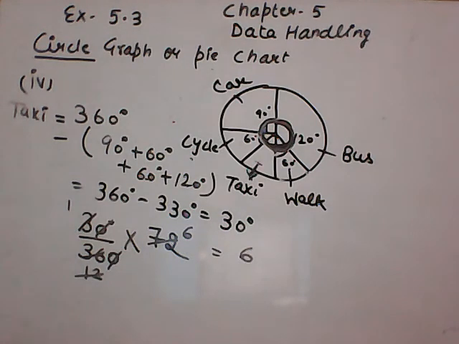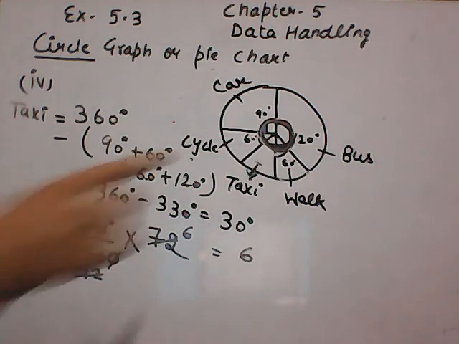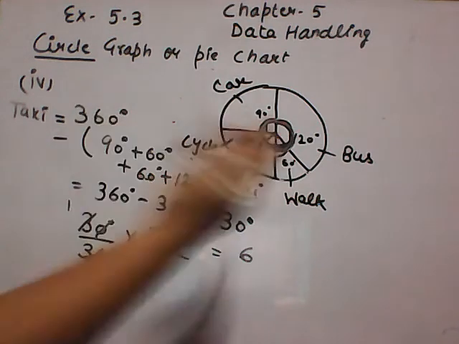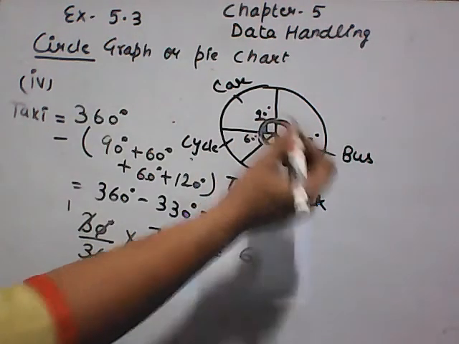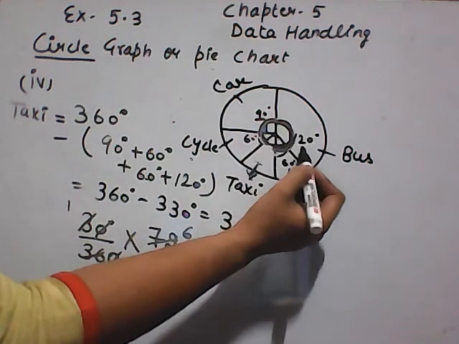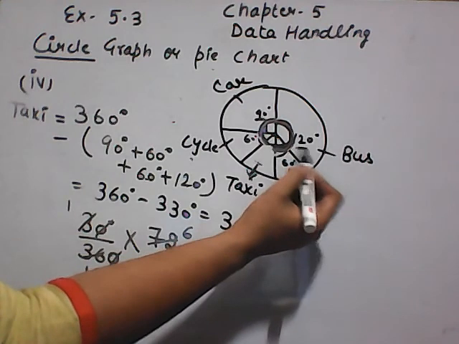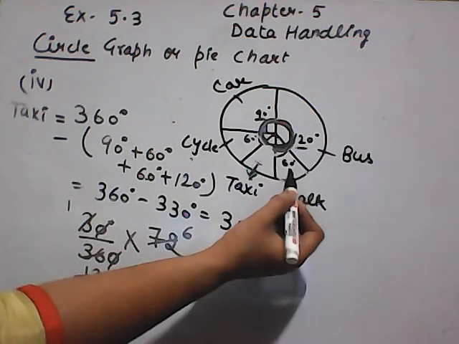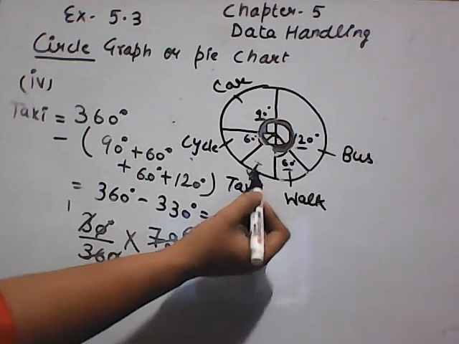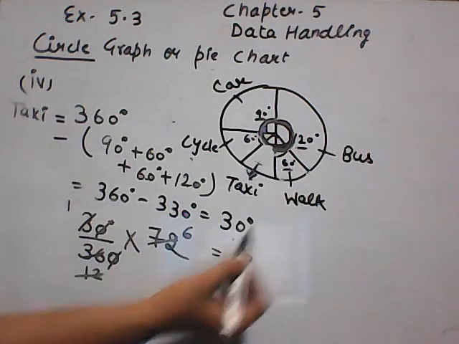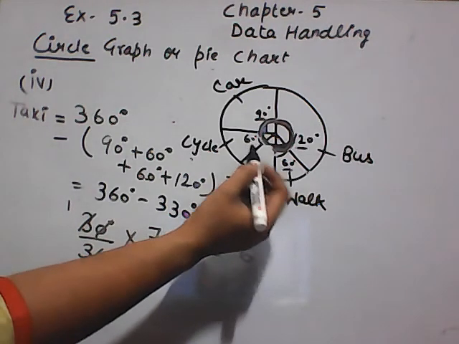In this way, you can find out this type of questions. Next part is, by which two modes of transport are an equal number of children traveling? Children who travel by car is 90 degrees, bus is 120 degrees, walk is 60 degrees, taxi is 30 degrees, and cycle is 60 degrees.